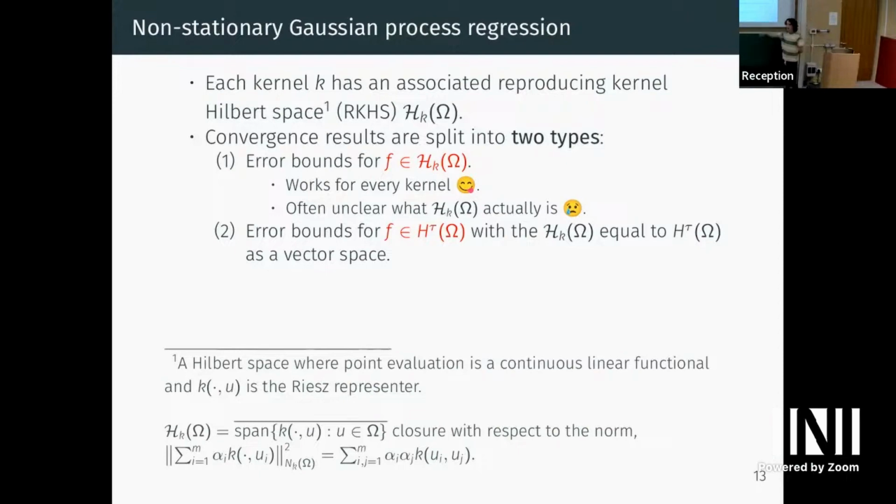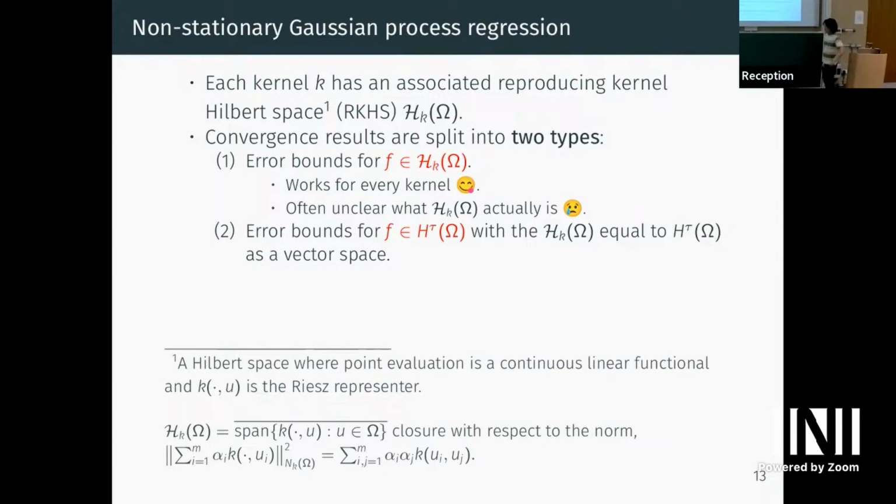You can definitely find functions in it by just taking some span. Sometimes we can actually show that it is equal to a Sobolev space as a vector space.